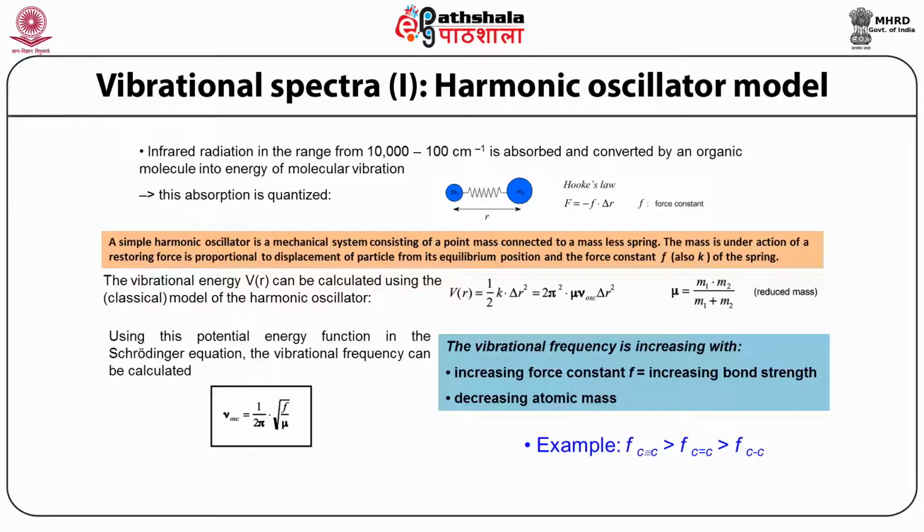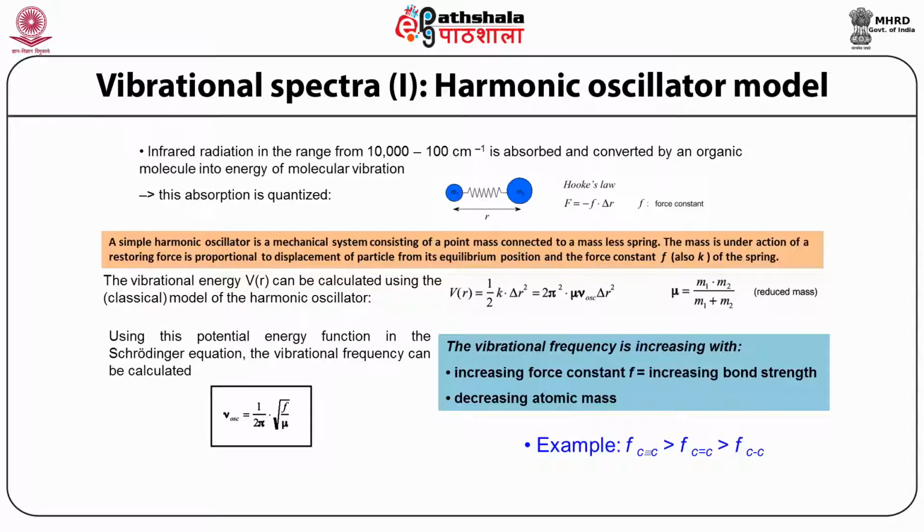A simple harmonic oscillator is a mechanical system consisting of a point mass connected to a massless spring. The mass is under the action of a restoring force proportional to the displacement of the particle from the equilibrium position and the force constant f, also k, of the spring.